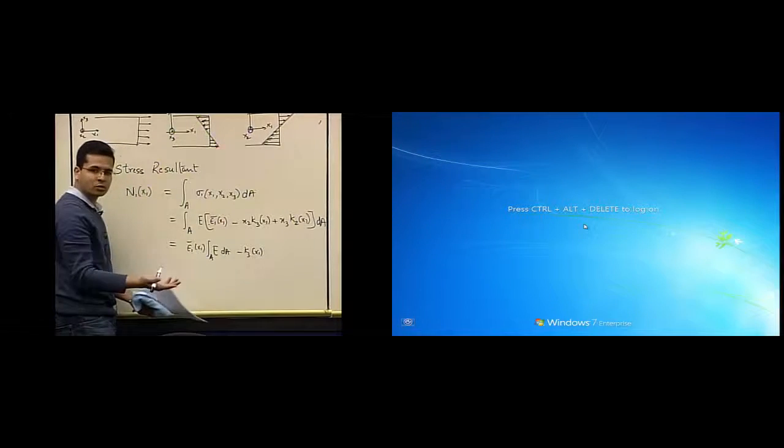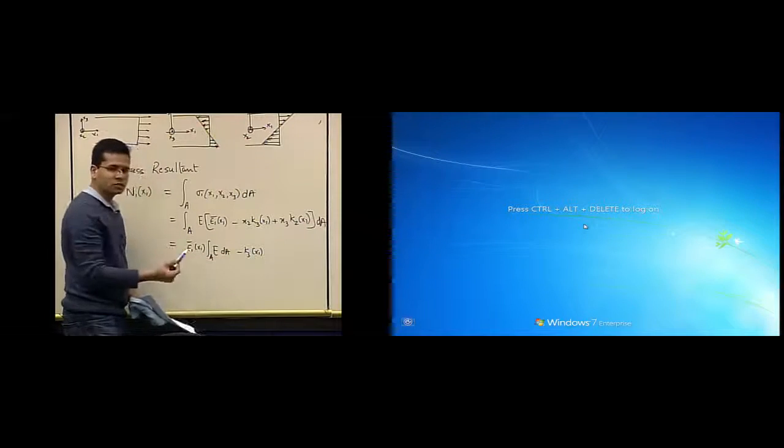Then I have minus K3 of x1. I'm taking these terms which are dependent on x1 outside the integral because they are not dependent on x2 and x3, whereas the integration over the area involves only x2 and x3. And then the last term.